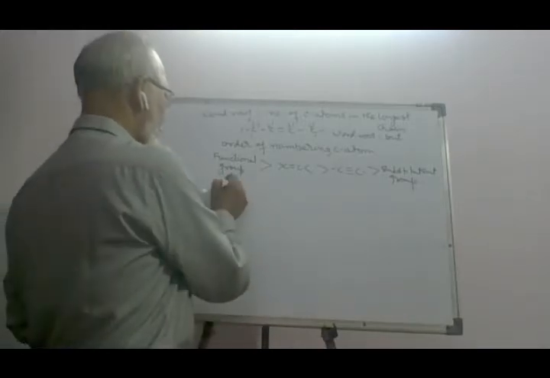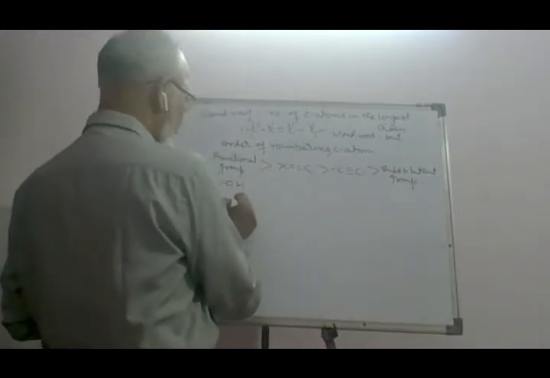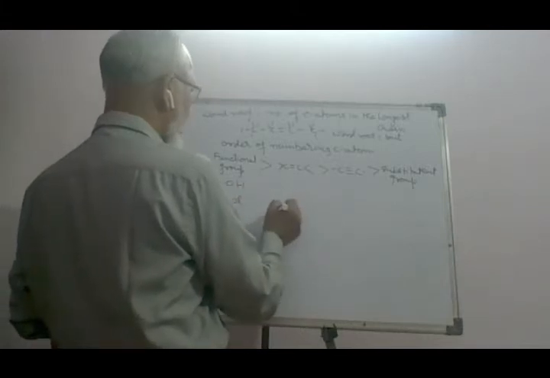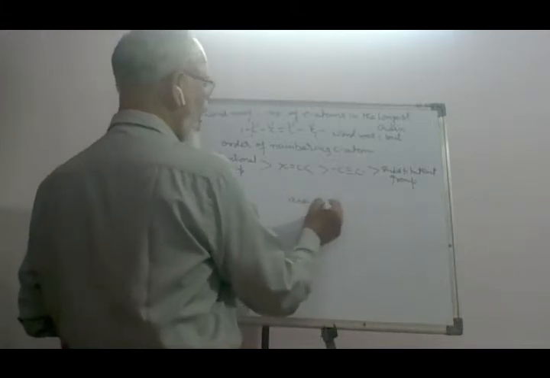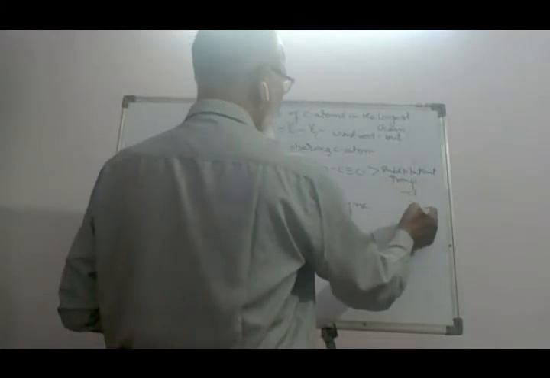For example, if the functional group is OH, it will become ol, then ene, yne, and suppose the substituent group is Cl, it will become chloro.